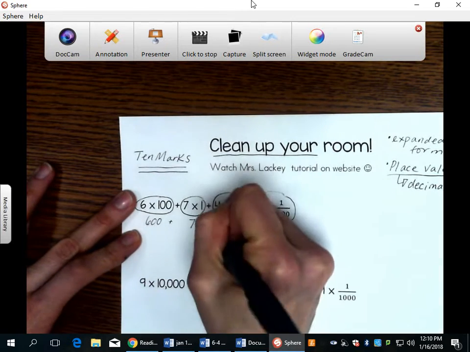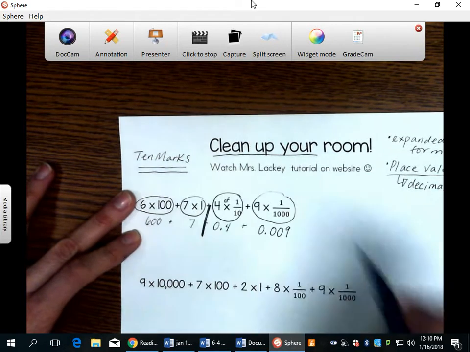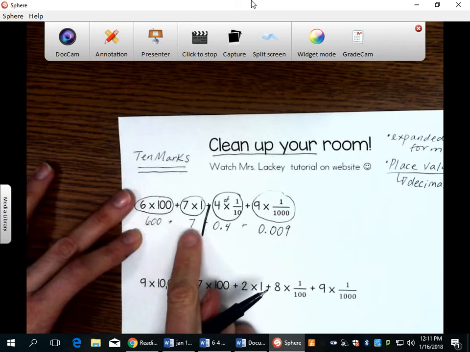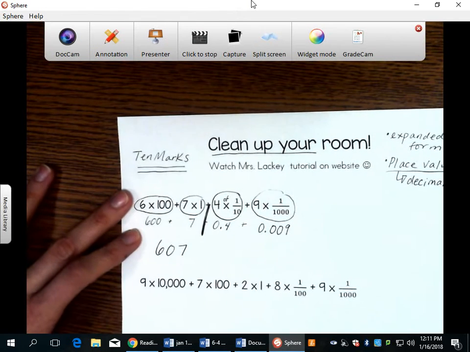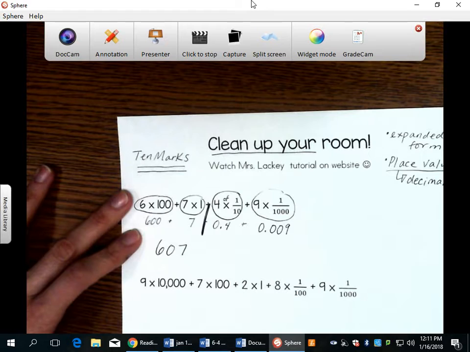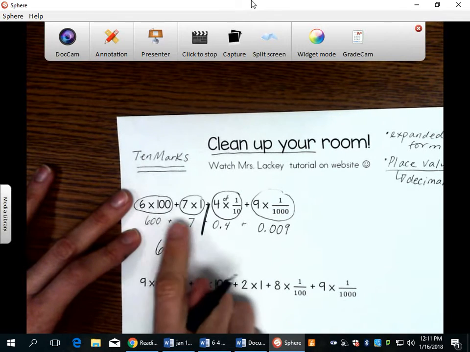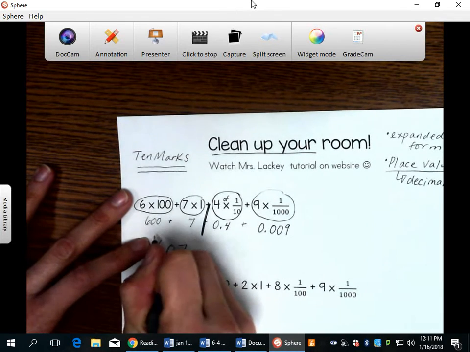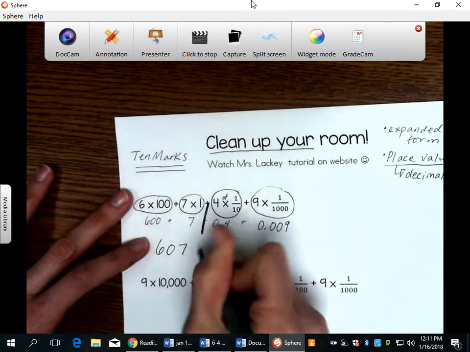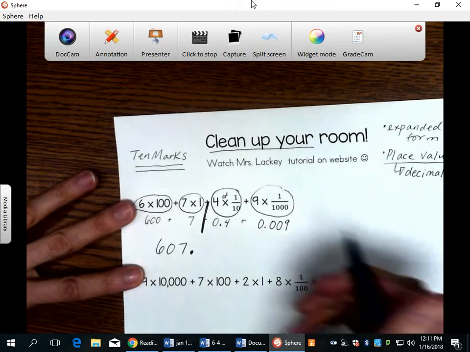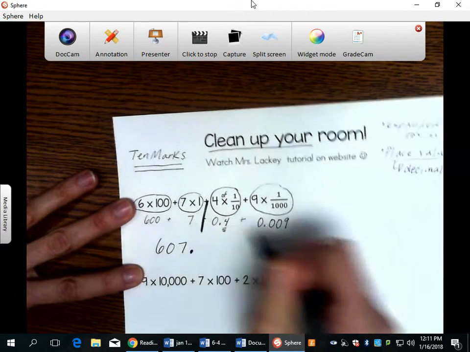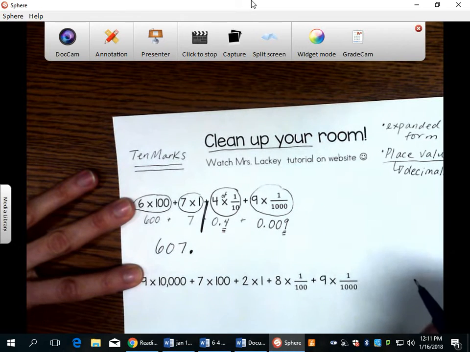Let's look at whole numbers first. I have 600 and I have 7. Isn't that 607? Nothing in the tens place, just 607. And now I'm going to look at decimals. So I have 607 and a little bit more. Let's see how much more I have. I have 4/10 and 9 thousandths.